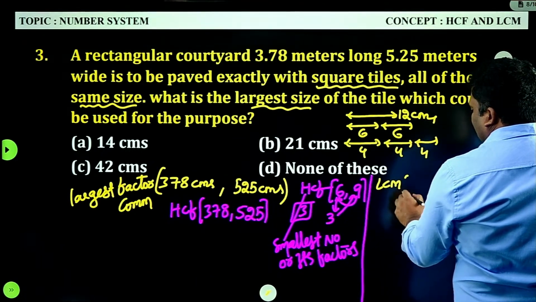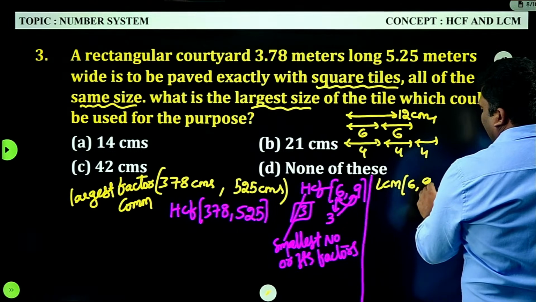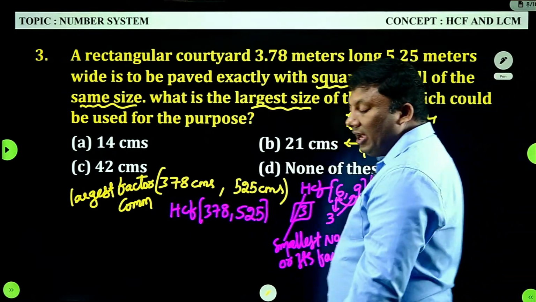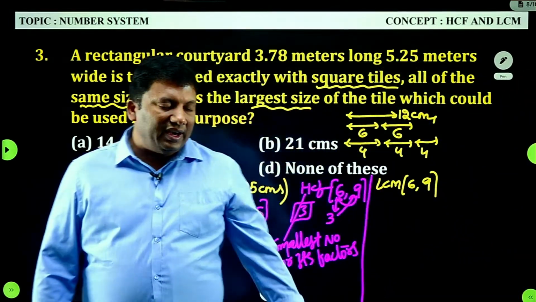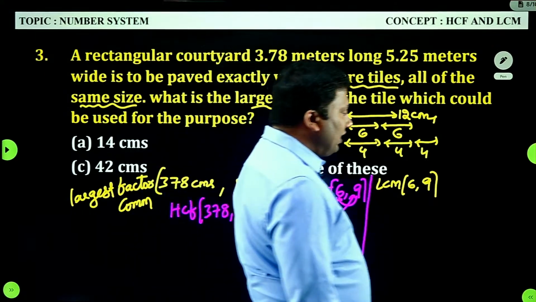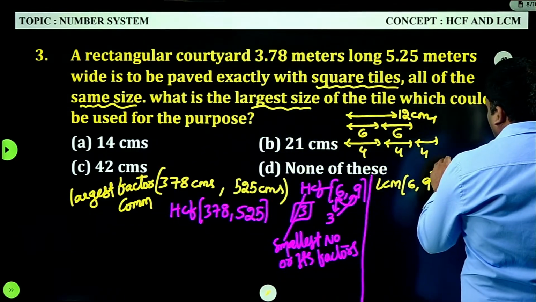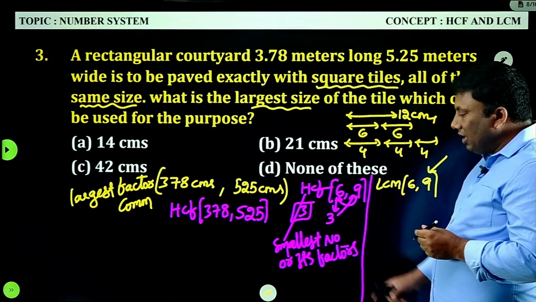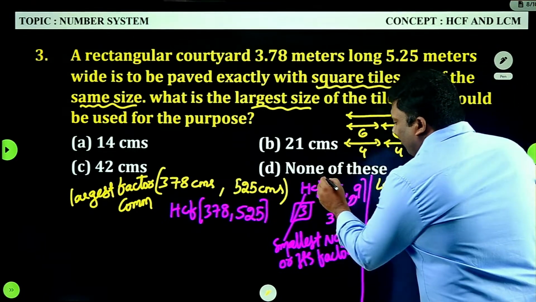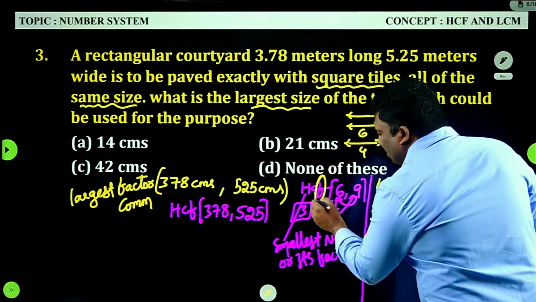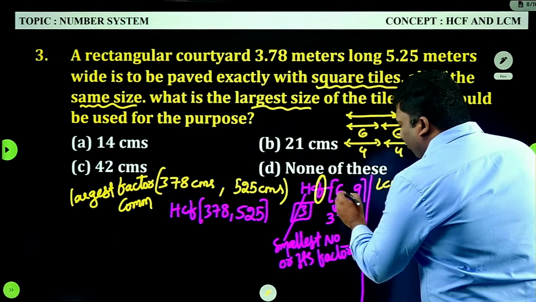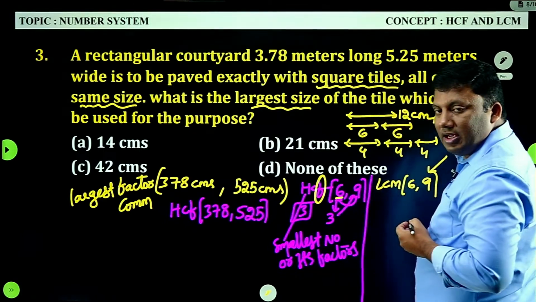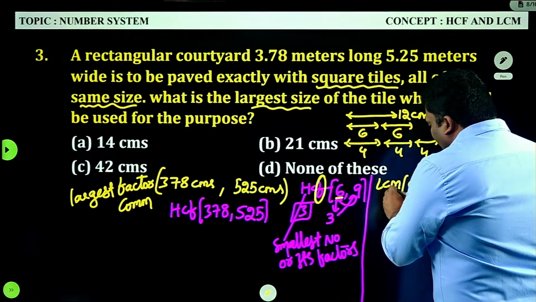LCM of 6, 9. Whenever you are finding LCM, complete concentration is on the largest number. HCF, factor is always less than the number. Therefore, smallest I am checking. LCM, multiple.